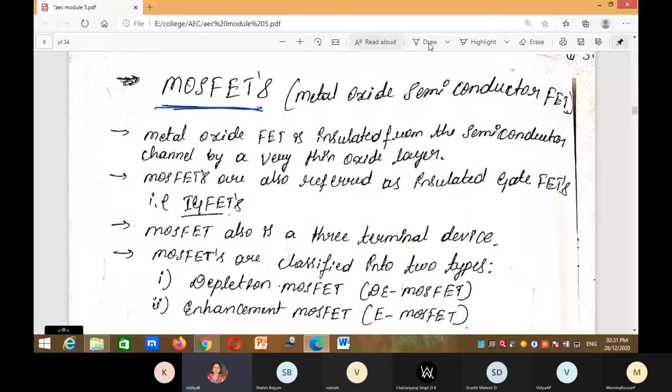There are two types. One is depletion MOSFET, and the second one is enhancement MOSFET.